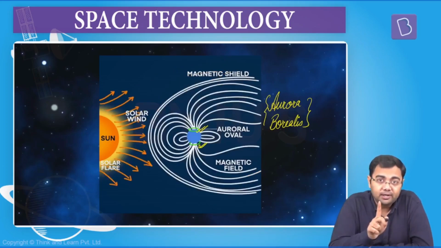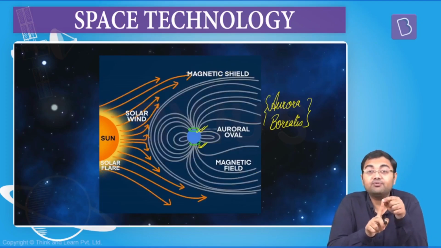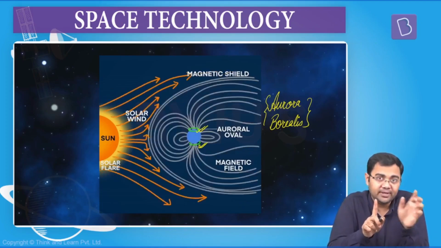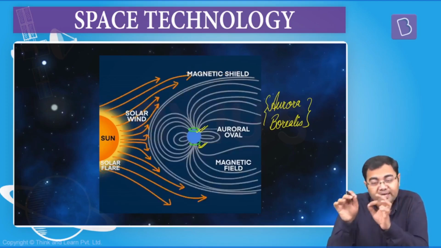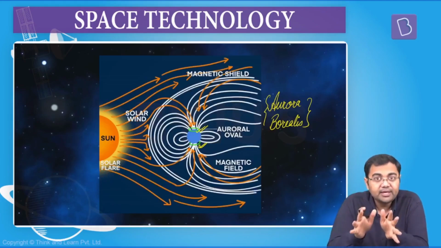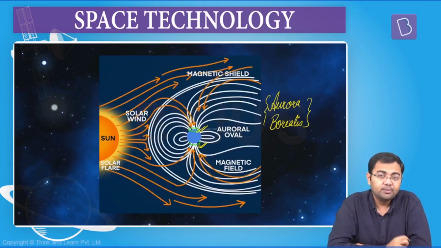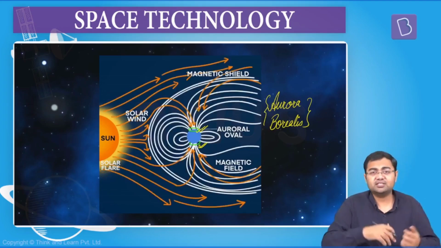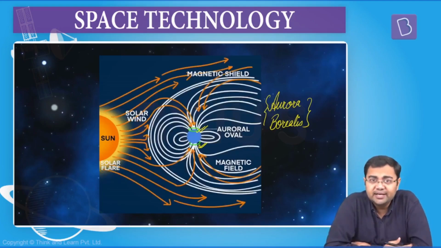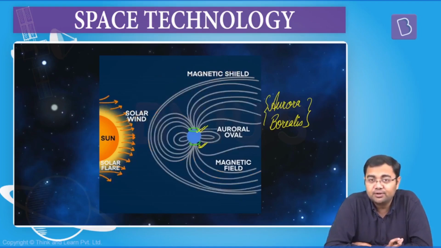The difference is that solar flares appear once in 11 years, and solar flares will only affect the earth and everything associated with the earth if they are coming in the direction of the earth, because sometimes they will be away from the earth, sometimes in any other direction. In those cases we will not see any disruptions caused by solar flares.